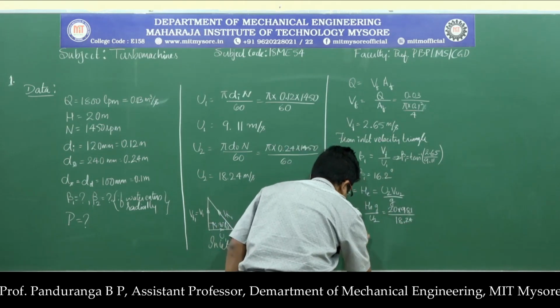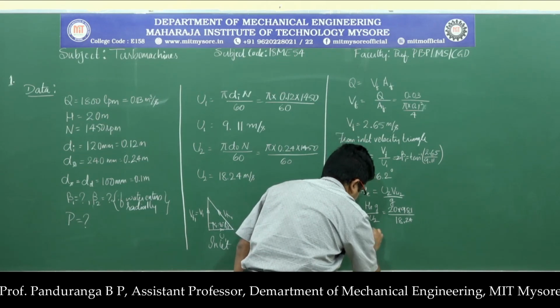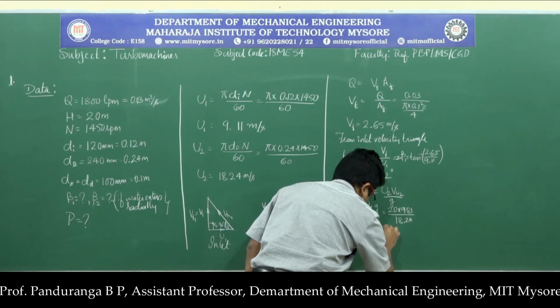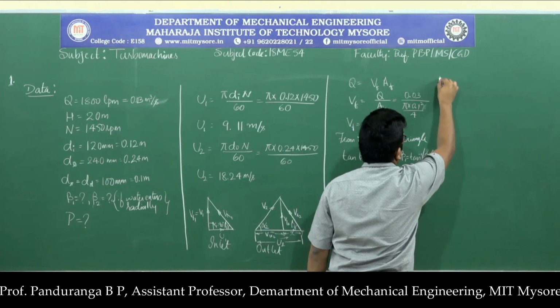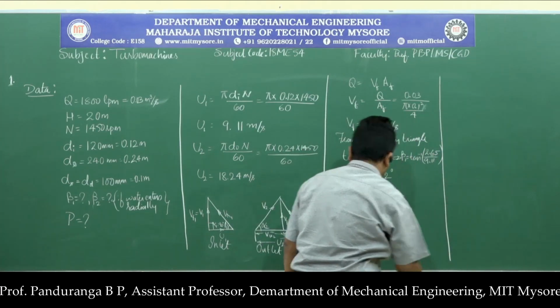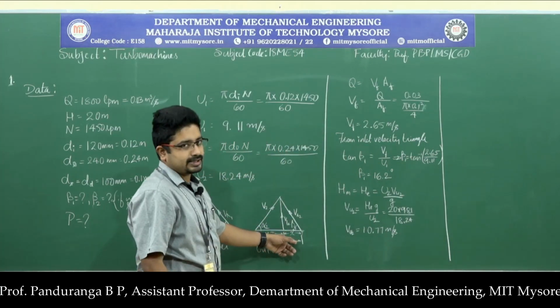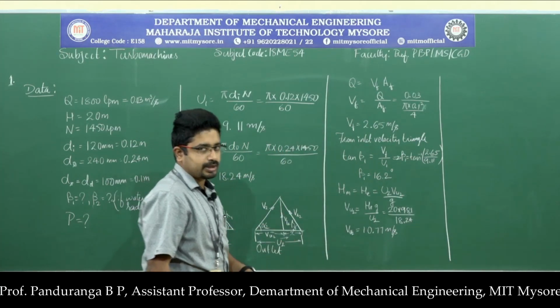When we calculate, we get Vu2 as 10.77 meter per second. Now I know the value of Vu2.